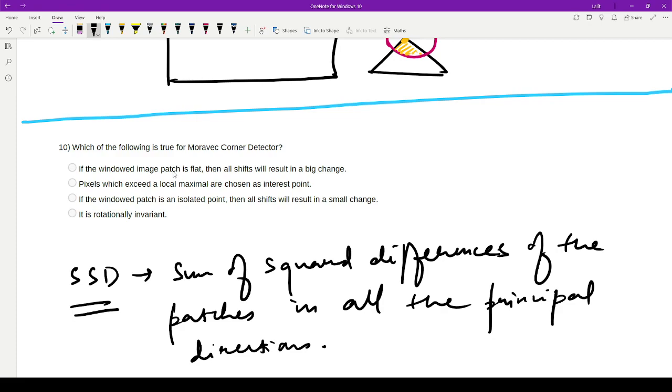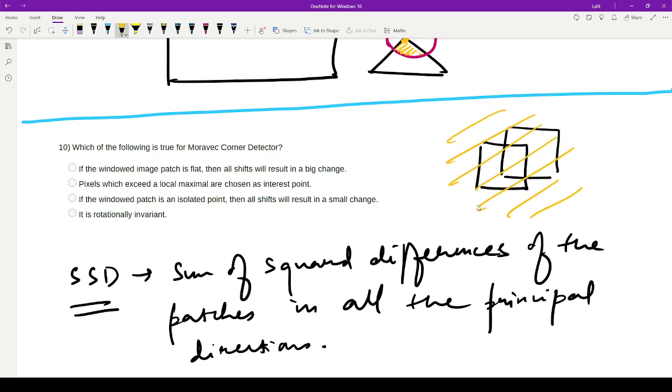If the windowed image patch is flat, then all shifts will result in a big change. Is it right or wrong? If the image is flat, that means all the pixels are similar, so all shifts will result in a big change, yes or no?